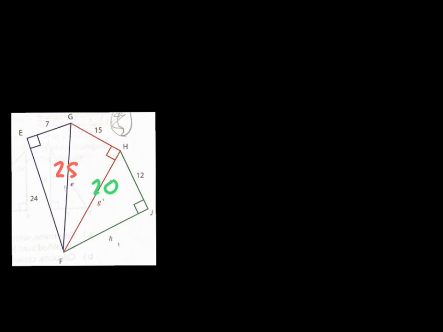Our last missing side that we need to calculate is h. And if we have a look at this triangle, which goes J, F, H, we see that this is also a right angle triangle with the hypotenuse running from F to H. And we know that this value is 20 because we just worked it out in the previous example.